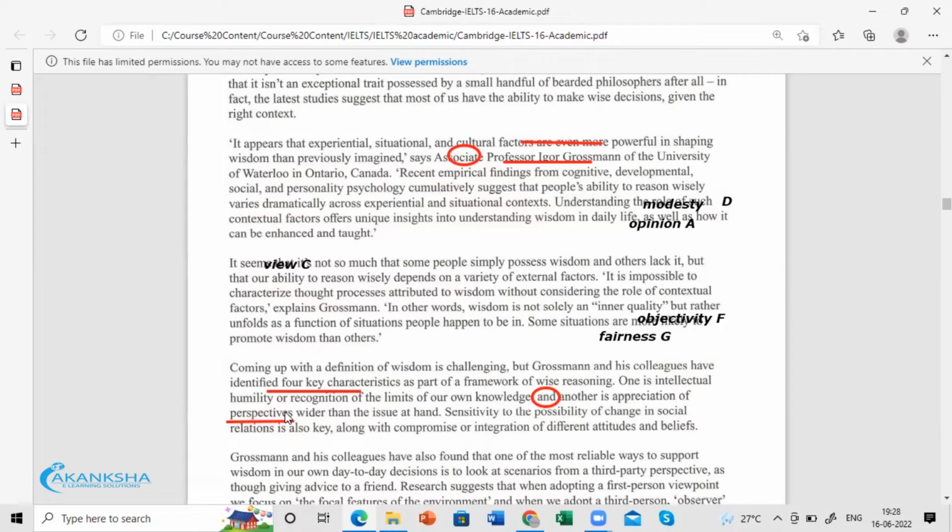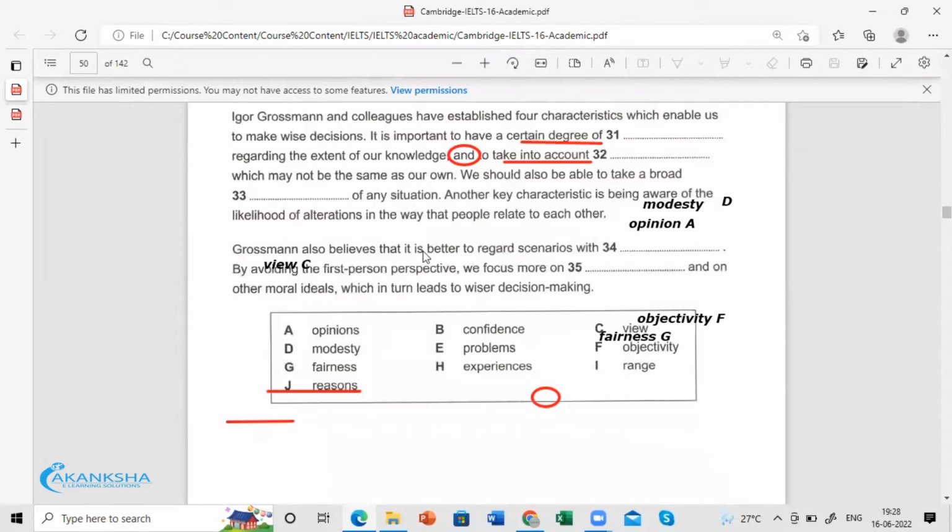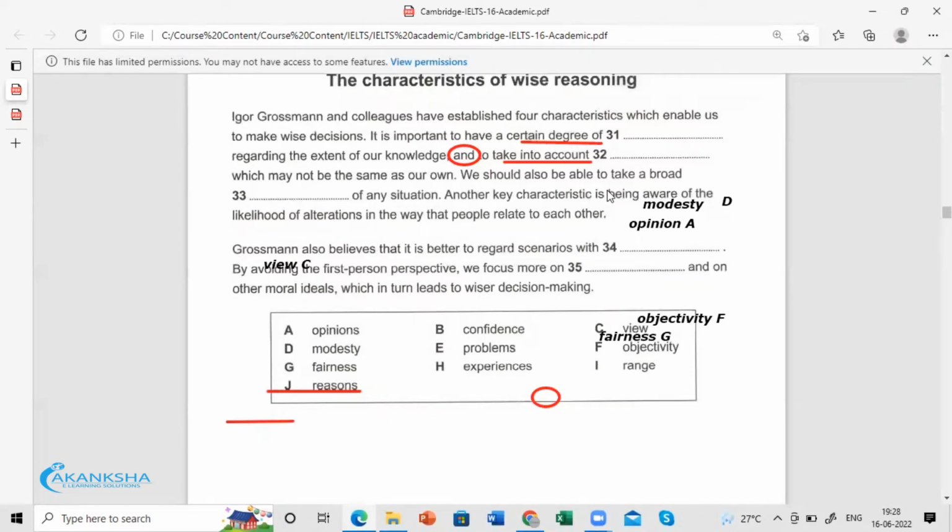Like how well we can observe the language that is given there, and that can actually make things better. Right, and going further again, we should also be able to take a broad view.